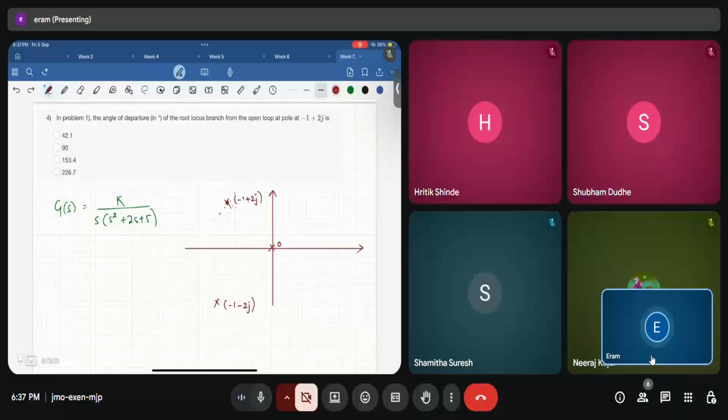So what do we have to calculate first? We have to calculate all the angles that this pole makes with the rest of the open loop poles and zeros, right? First we have to calculate that angle.